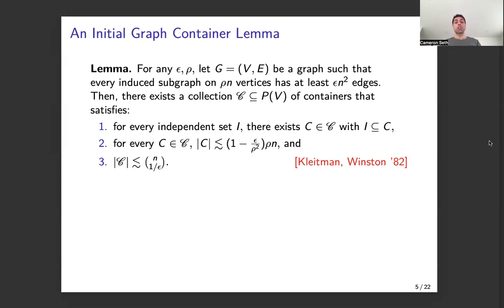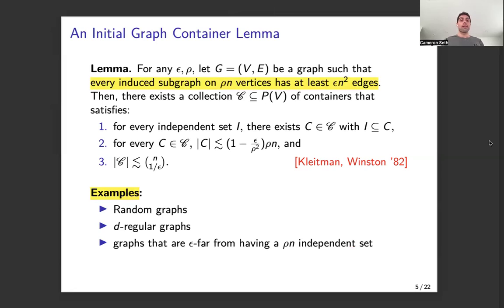Also, each container is relatively small. In particular, it's at most roughly rho n. And the collection itself is relatively small. In particular, there could be an exponential number of independent sets, but in general, the collection of containers will be much smaller than that.